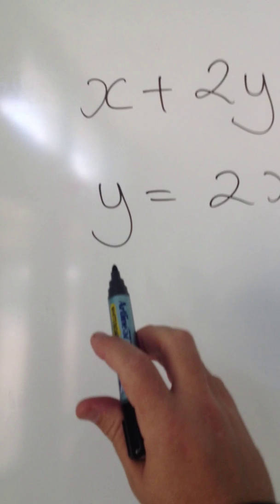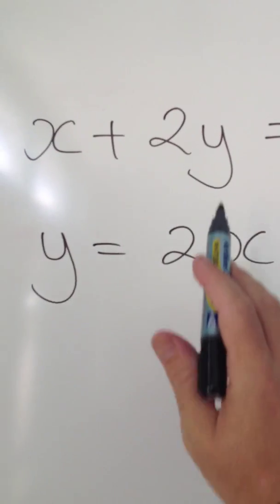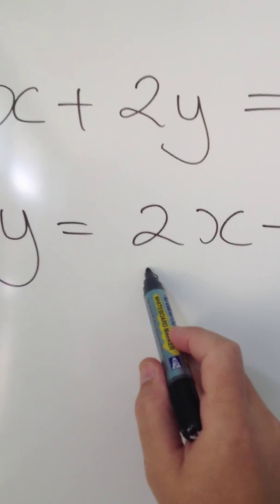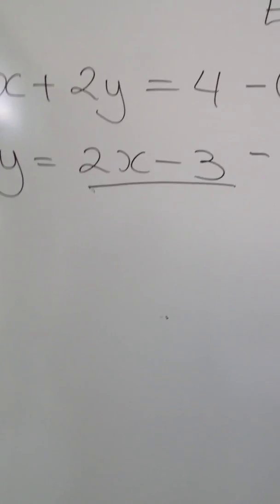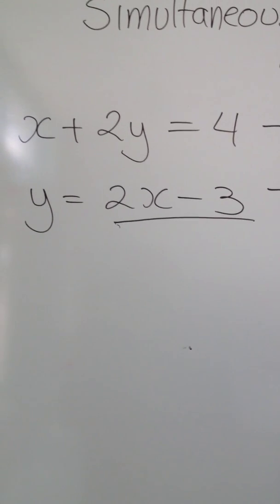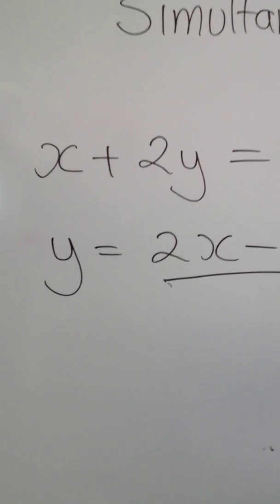In here, you can tell that y is equal to 2x minus 3, which means that instead of y, I can put this expression. So, what this does is actually gets two equations with two unknowns into the one equation with one unknown, which is what we want. So let's try this.